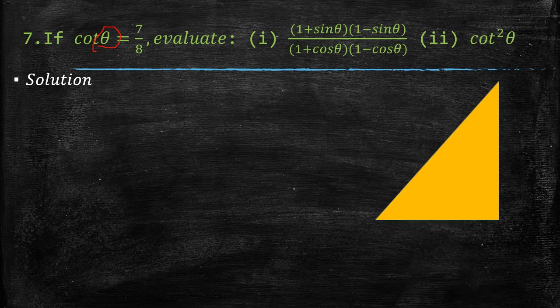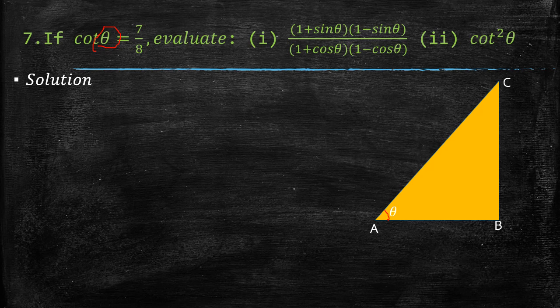Solution. First of all, we will draw a right angle triangle. This is our right angle triangle ABC, right angled at B. Now, what is theta? Theta is a Greek letter which is used to denote the value of an angle. We take our base angle, reference angle A, and theta is the supposed value of this angle A. It may be 10, 20, 30, 40 degrees, whatever it may be.